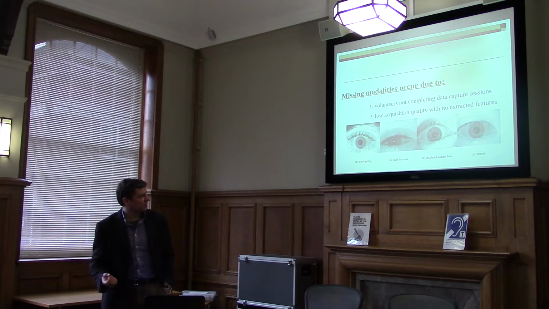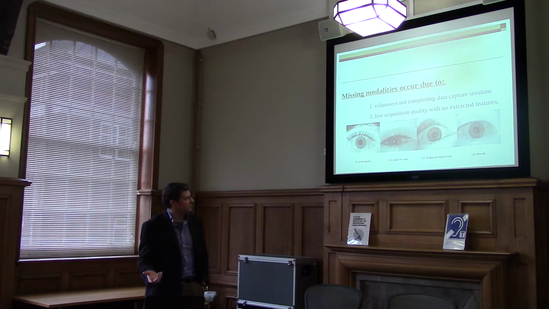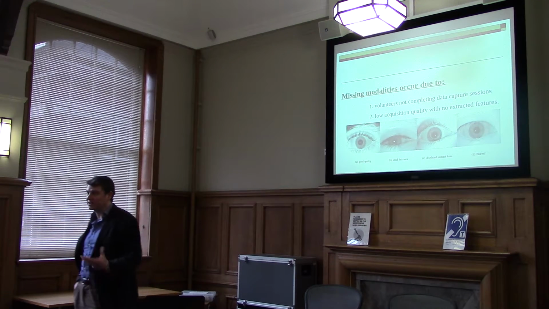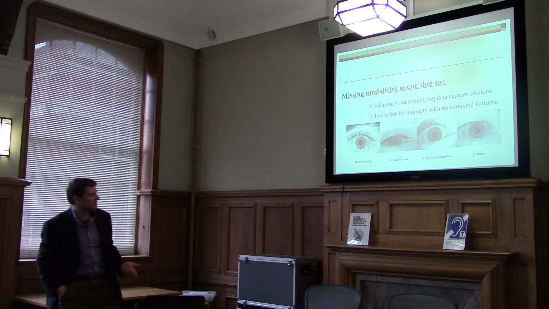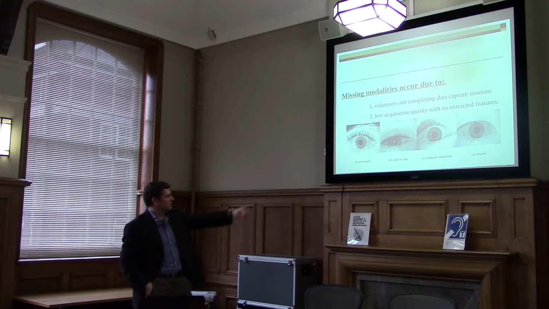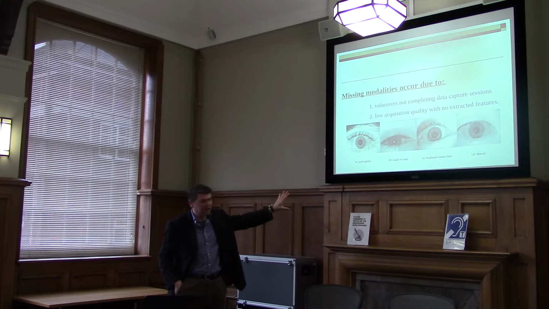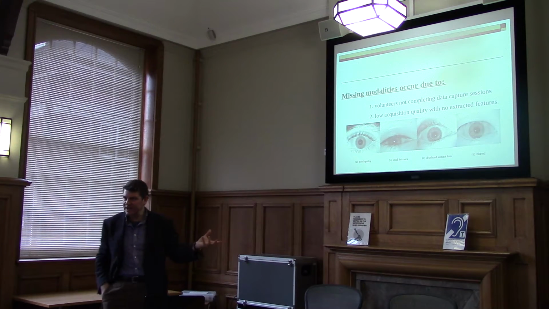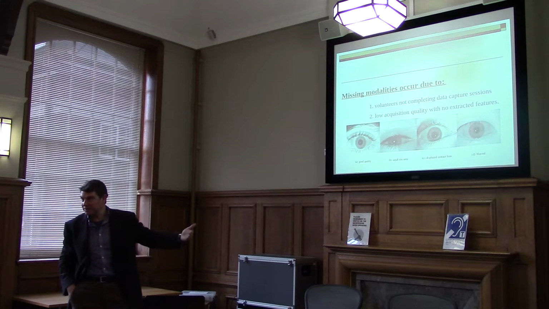And it can occur for quite unintentional reasons. On the bottom here you have 4 instances of failure cases of the iris scanner. Well, actually, the leftmost one is a good iris scan. But sometimes people have heavy eyelids or they're blinking at just the moment when the image is captured, and this means you don't get a good iris scan.